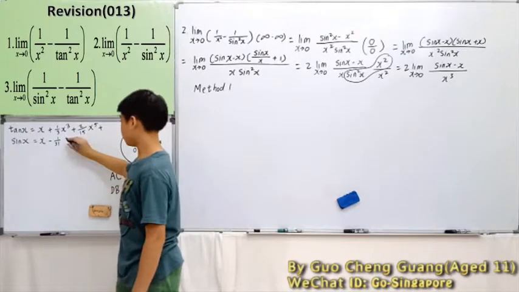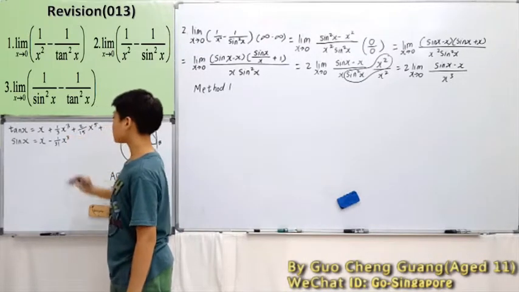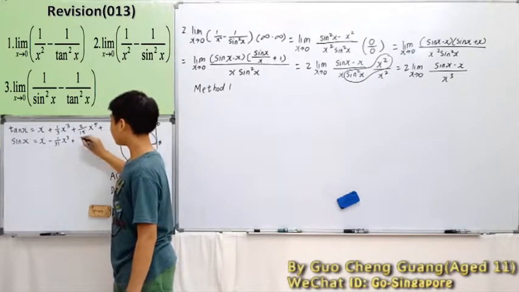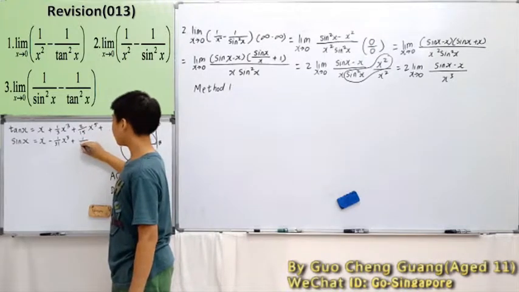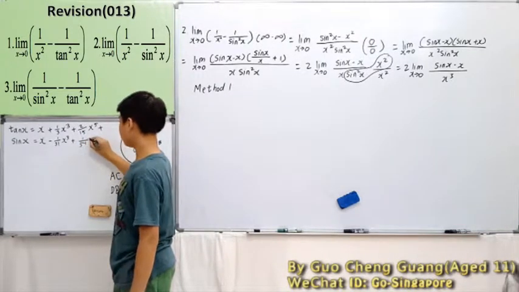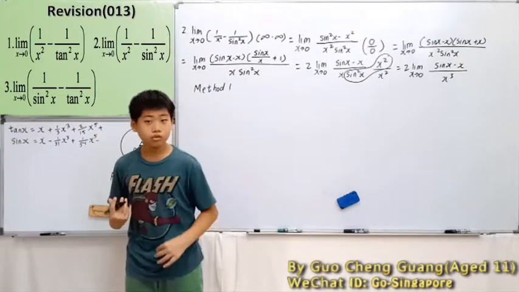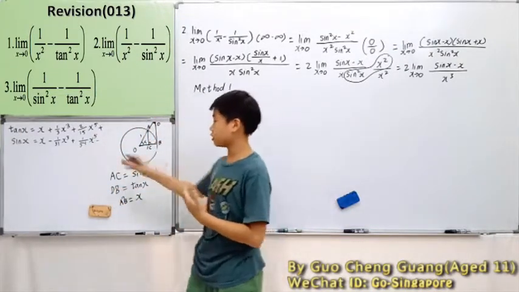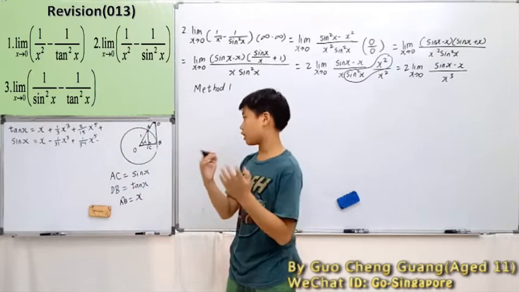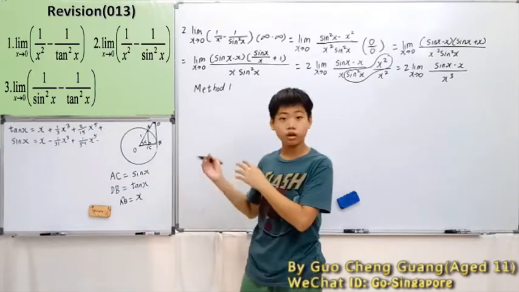It's not a 3 anymore. But here is still x cubed. Then plus 1 over 5 factorial. Then x to the power of 5. Then you minus. So you'll realize this is alternating now. Positive, negative, all the way.